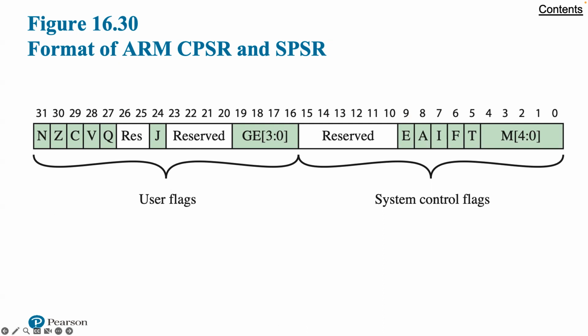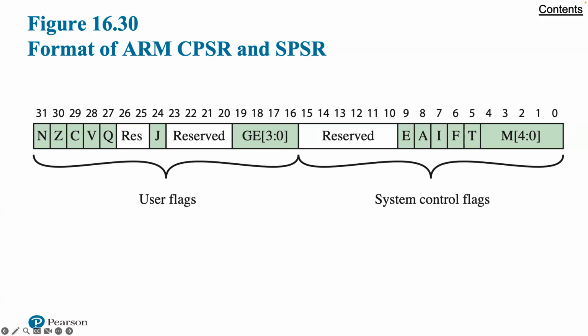So we have the conditional flags. We have the Q flag, which is used to indicate whether overflow and or saturation has occurred in some SIMD oriented instructions. We have the J bit. It indicates the use of special 8-bit instructions known as Jazelle instructions, which are beyond the scope of our discussions. And so just keep that in mind. That's a mode that does exist.